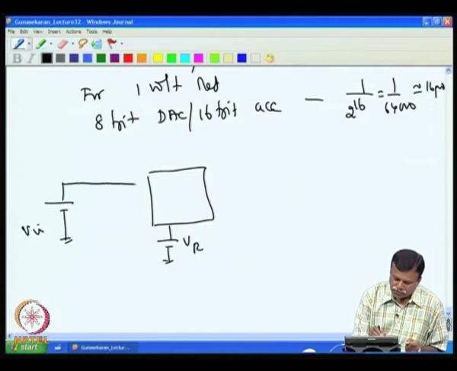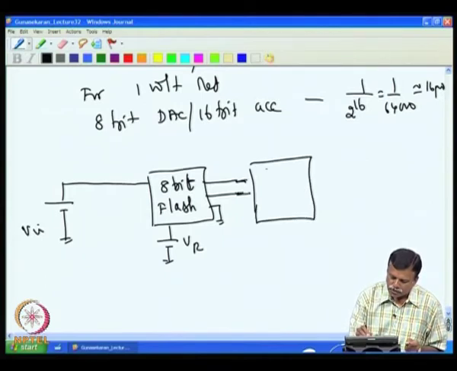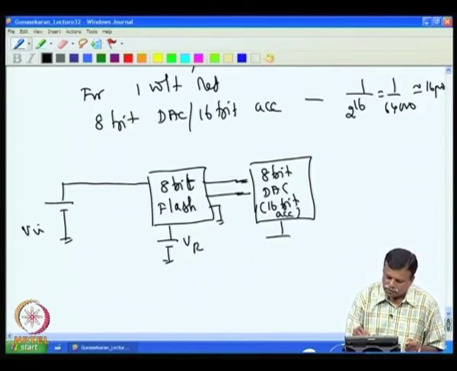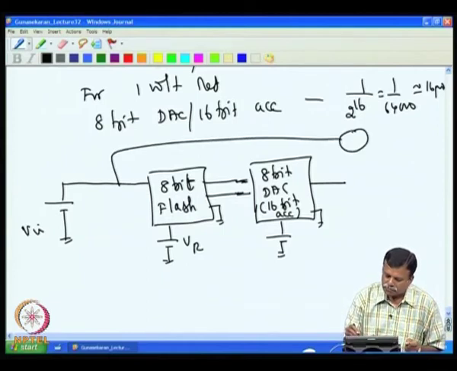This is the 8 bit flash, which gives output to the 8 bit DAC with 16 bit accuracy. This output I give to a subtractor amplifier here.